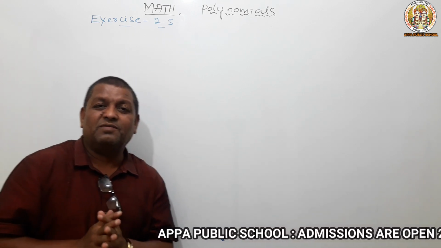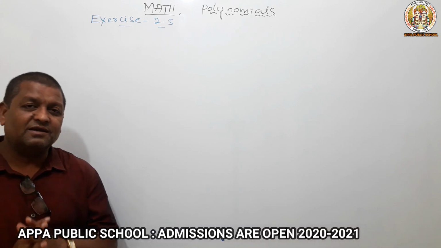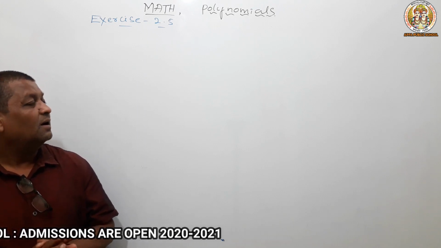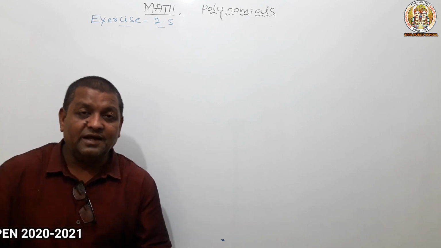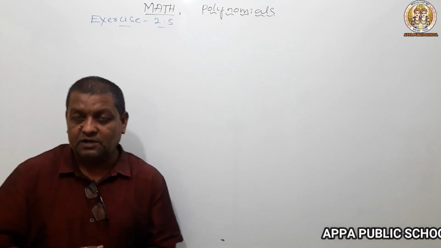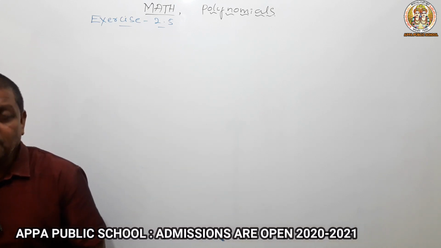So go with the identities and judge for yourself which identity suits the given question, and by practice you can master it. Just use the hint area where I told how to make the particular sum easy. So thank you all. Have a nice day. We will meet next class.